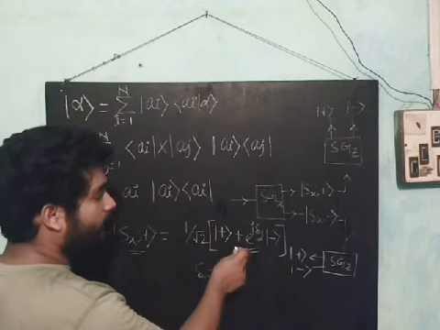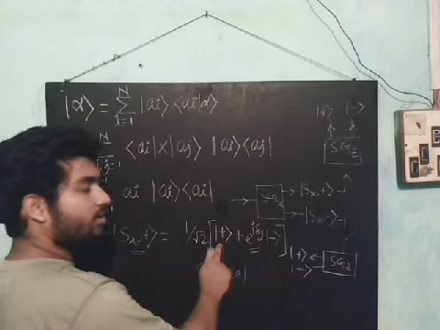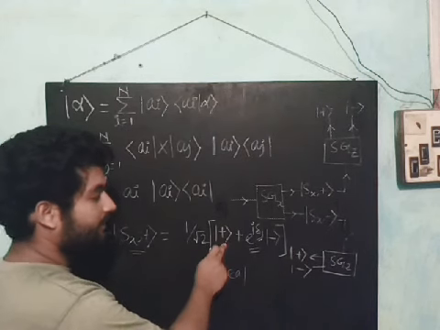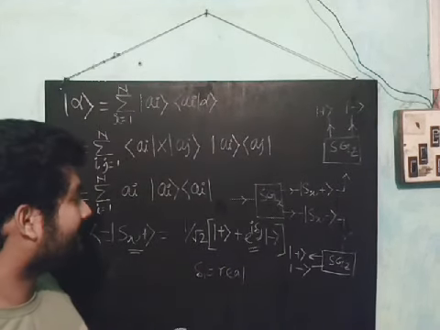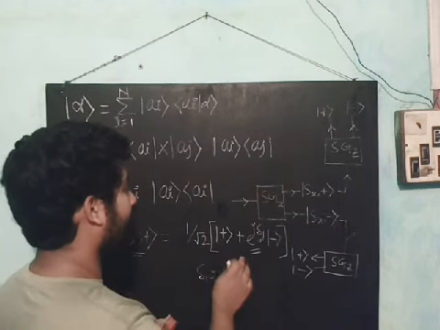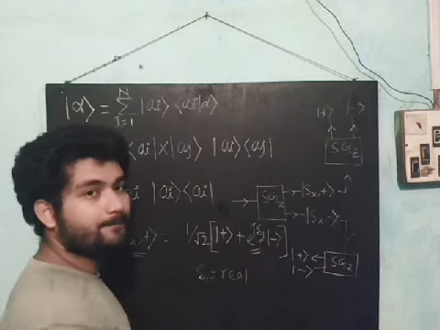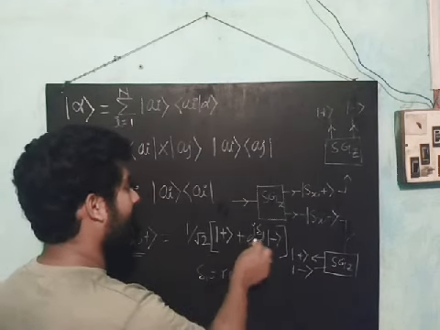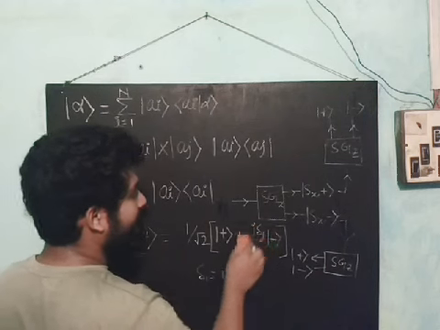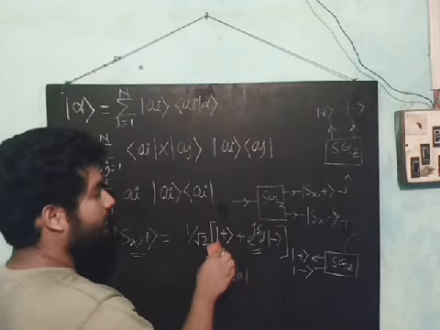Now you may ask why I didn't multiply this with positive. I can. The main thing is that the physical significance here is the relative phase difference between positive and negative. Instead of putting this thing here, I can put it here.